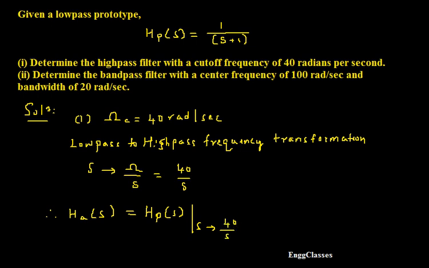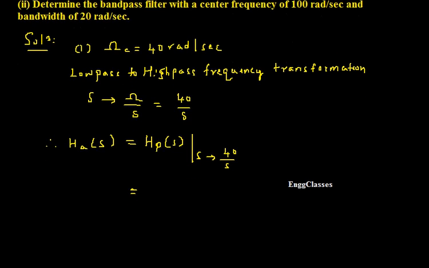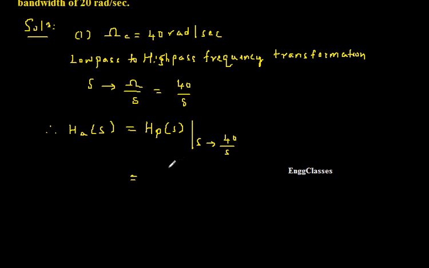So if I do that, I'm going to get a high pass filter. So the expression was, it has been given HP of S is 1 divided by S plus 1. So now I am going to write 1 divided by S, in place of S, I am going to put 40 divided by S, plus 1.